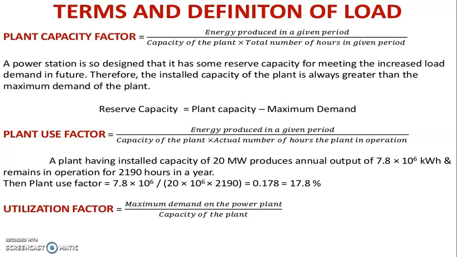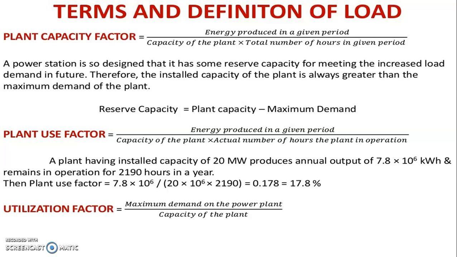A plant having an installed capacity of 20 megawatt produces an annual output of 7.8 into 10 to the power 6 kWh and remains in operation for 2190 hours in a year.